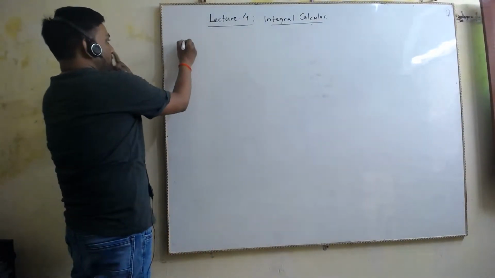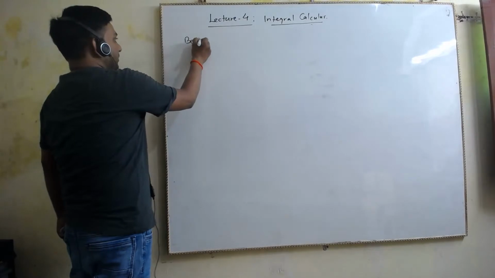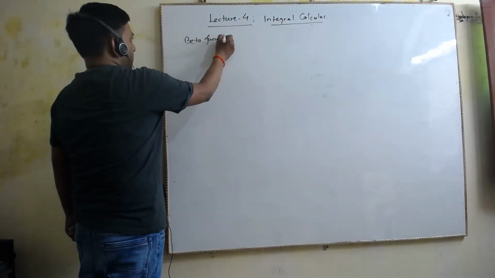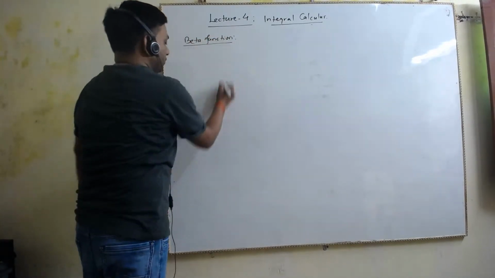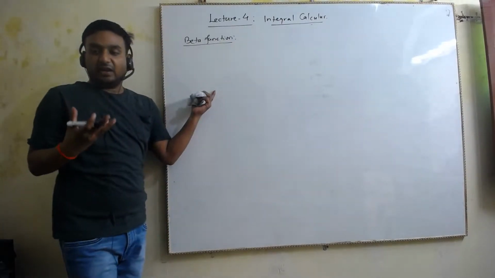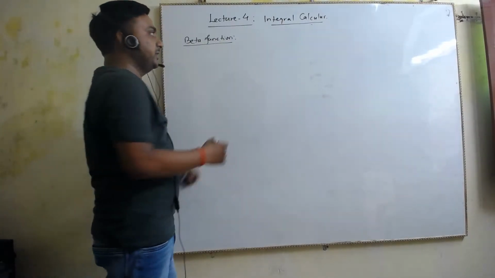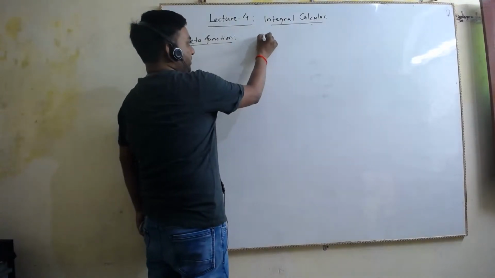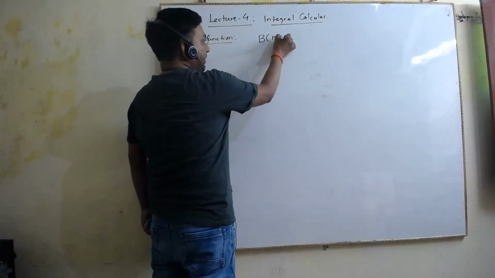So let's move now to the beta function. Again, what I said, this is a special kind of integration. This is represented by beta mn.